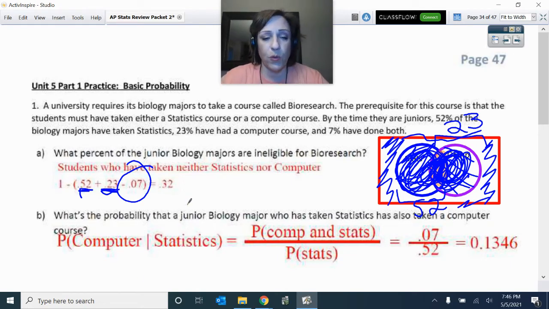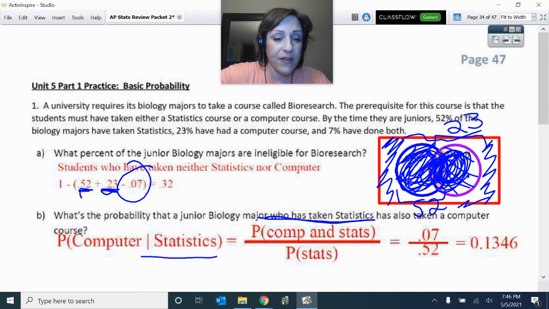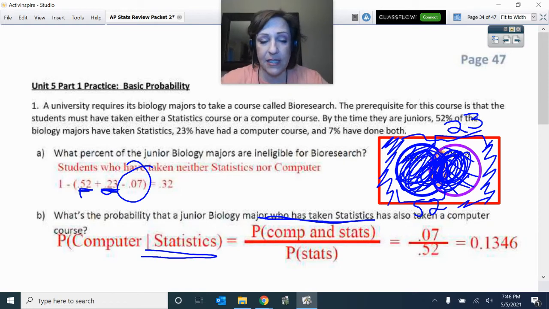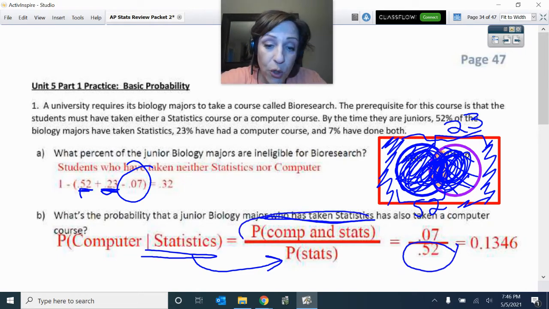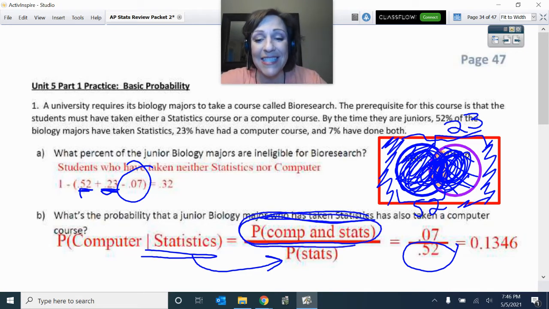All right, so what's the probability that this junior biology major has taken statistics? So that is the given that they've taken statistics. So out of the 52% who have taken statistics, what is the computer and statistics intersection portion?